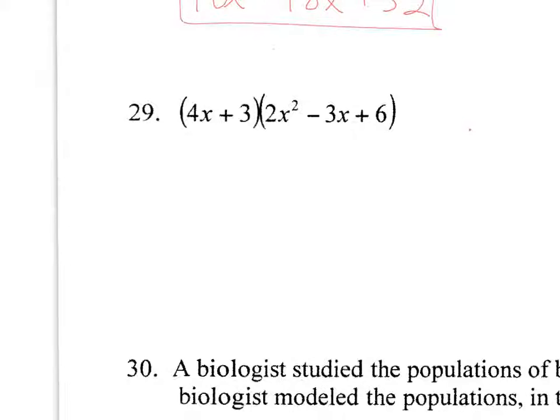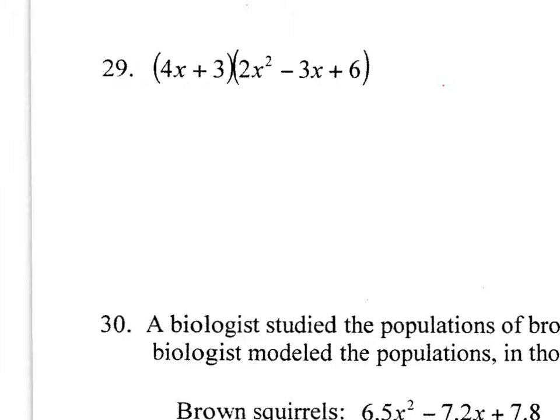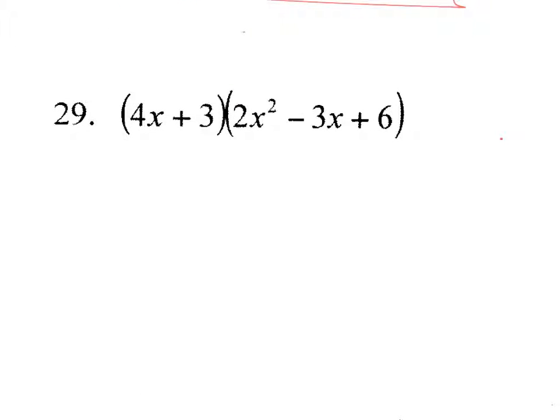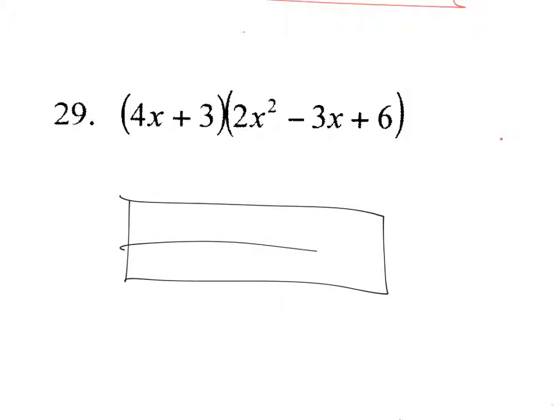And we get to 29. Skip 28. Now 29, again, different methods you can use, but you're doing the same thing. You're going to be multiplying all these things. Honestly, when it's a 2 by 3, make a little 2 by 3 box to make sure I multiply everything times everything.